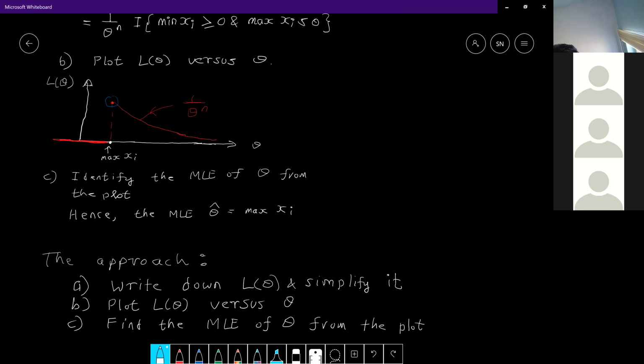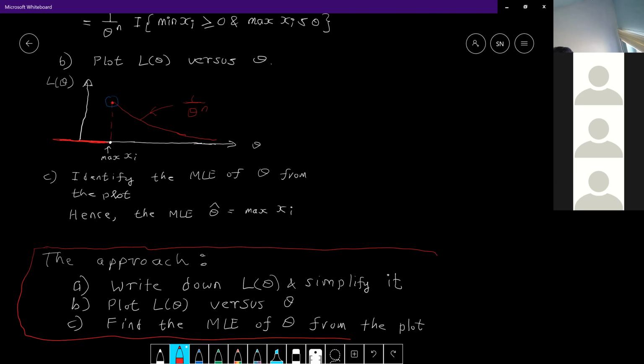This is the approach you should take whenever you get a problem asking you to find the MLE for a distribution that has a bounded support, with one or both of the bounds depending on the parameter of interest.